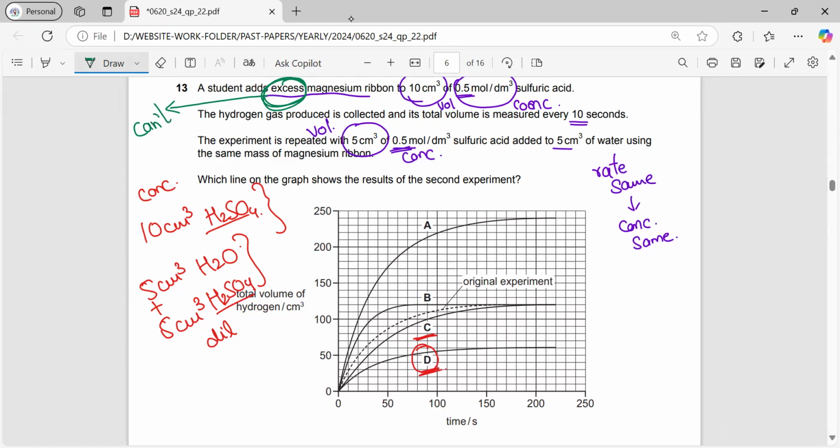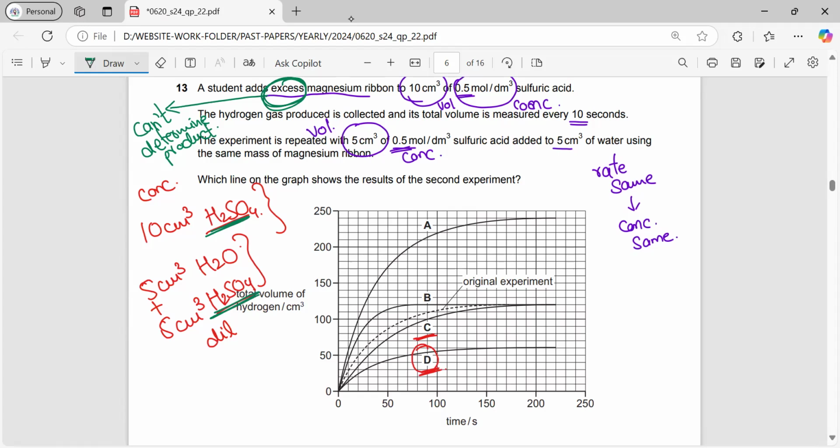The amount of the product does not depend upon the excess reactant. The amount of the product depends upon the limiting reagent, which is not in excess. Here, the sulfuric acid is not in excess, so sulfuric acid will determine the amount of the product formed.